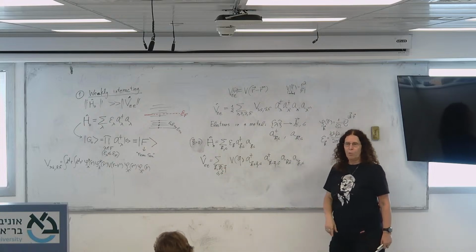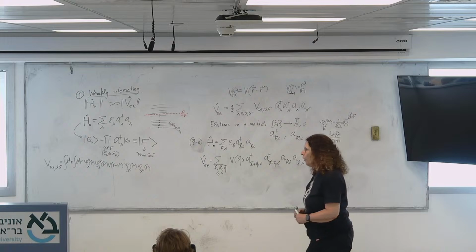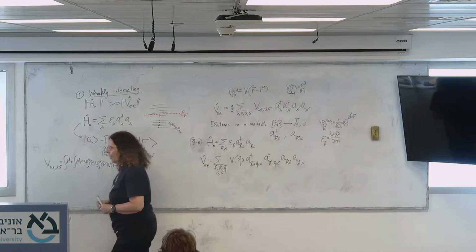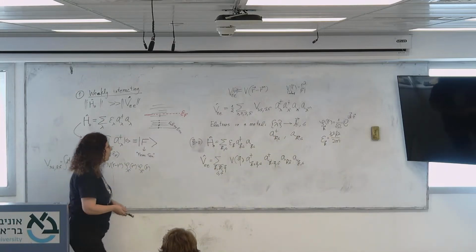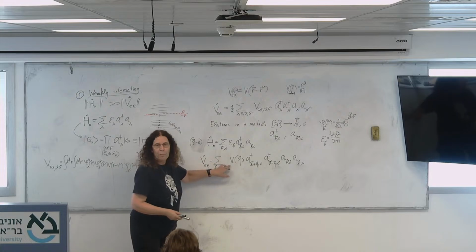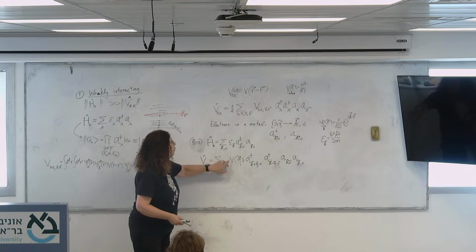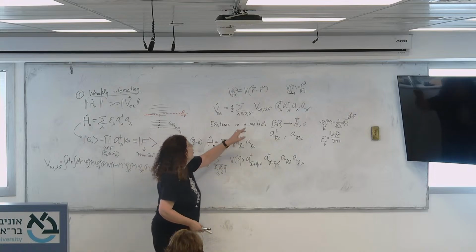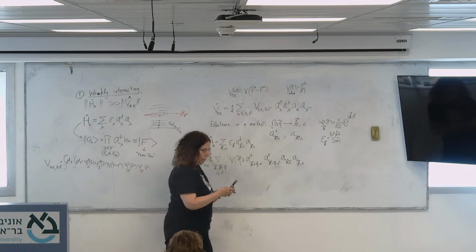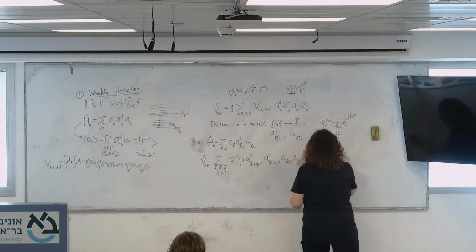And I forgot to define what is V of q. It's the Fourier transform of V of r. Okay, let me write it down explicitly.